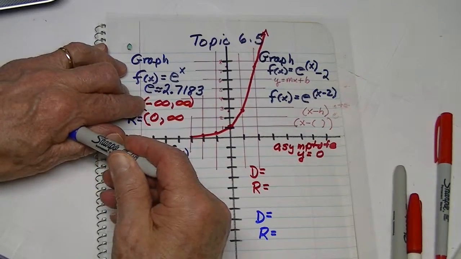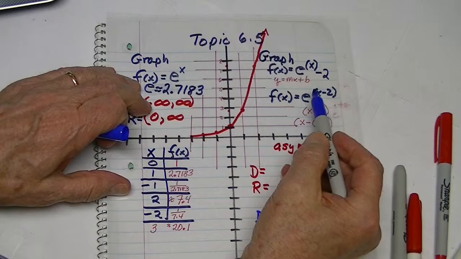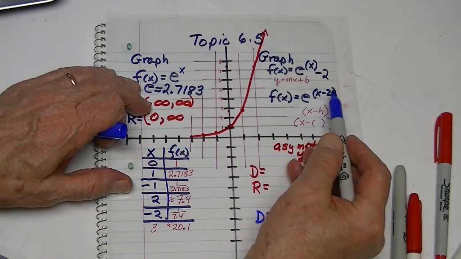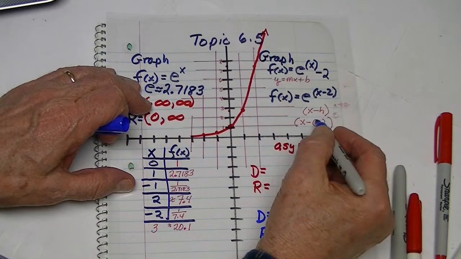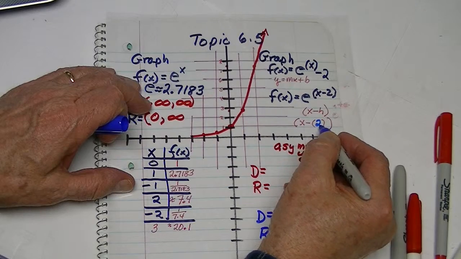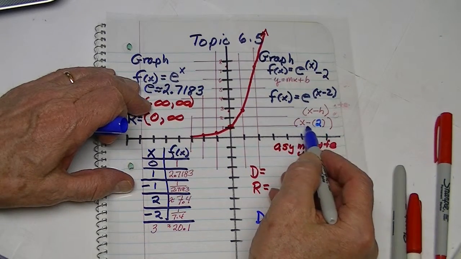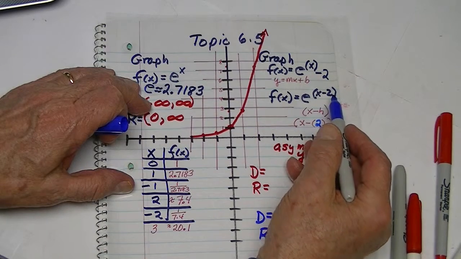And in order for it to be expressed in this fashion, x minus 2, the h had to have been a positive 2. Because if we take away the parentheses now, it's x minus 2, x minus 2.